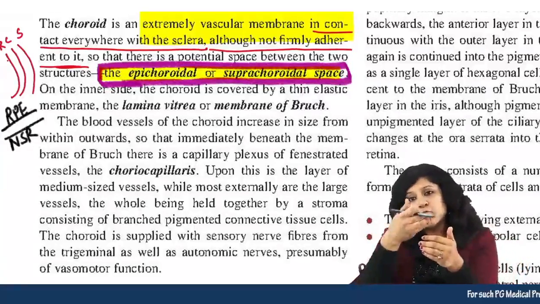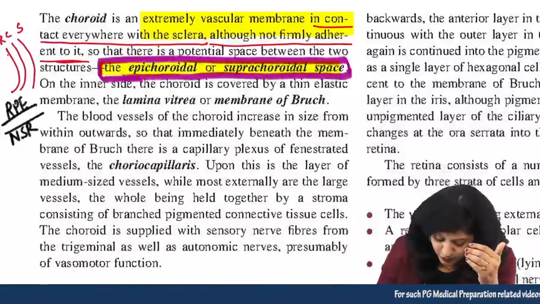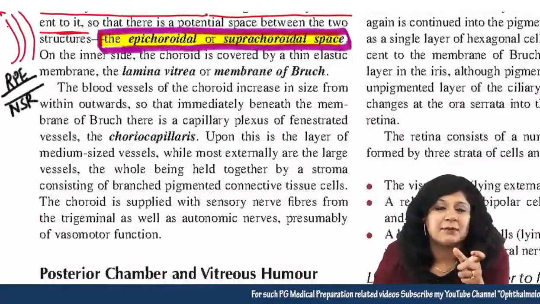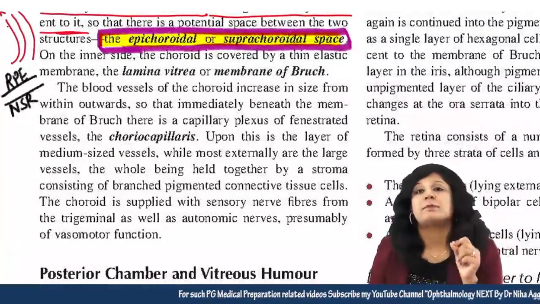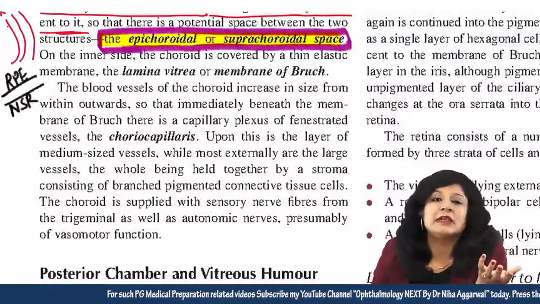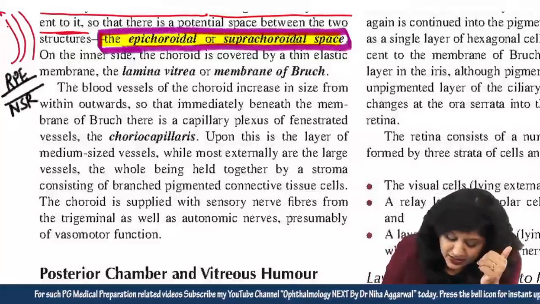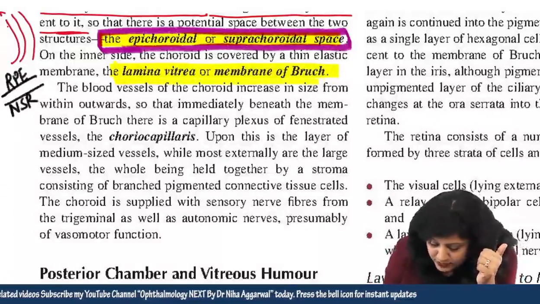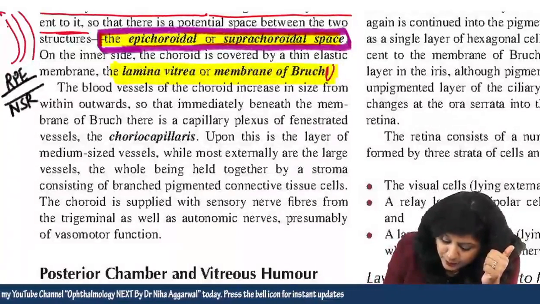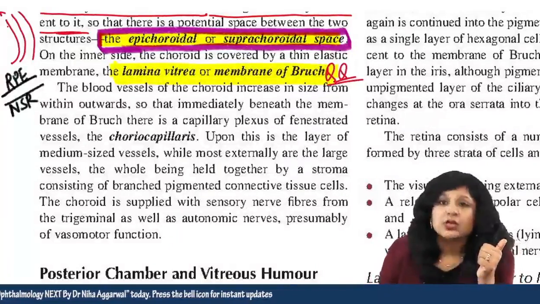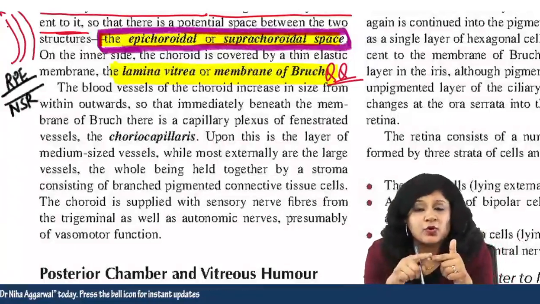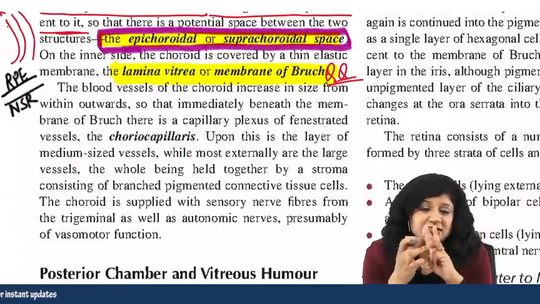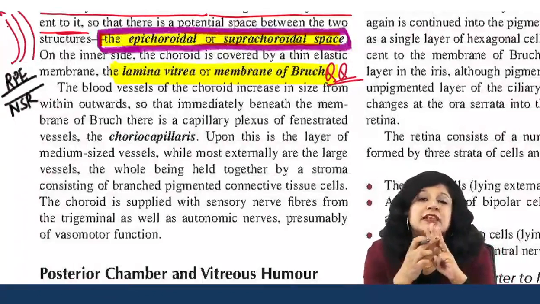Now, if you go on the inner side of the choroid, we have the basal lamina, and we will be talking about this many times. This is called the Bruch's membrane of the choroid, which is the basal layer of the choroid, and it remains in contact with the outermost layer of the retina.